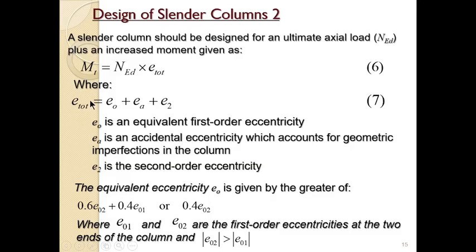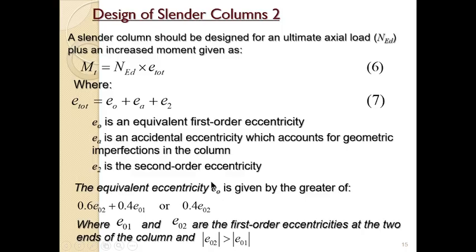Now, total eccentricity is made up of 3 components of eccentricity. e0, which is called equivalent first order eccentricity. ea, which is called an accidental eccentricity, which accounts for the geometric imperfection of the column, while e2 is a second order eccentricity. So once we are able to calculate these 3 eccentricities, we add them together to have total eccentricity. We come to this equation 6. We calculate the second order moment, which is the additional, the total moment of the column.